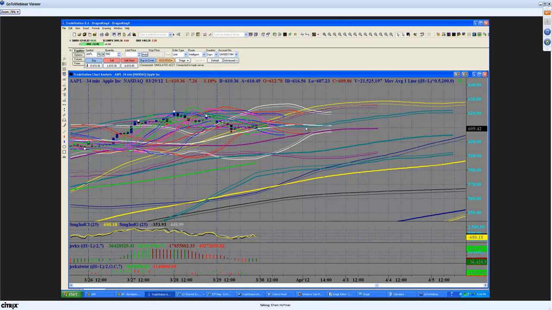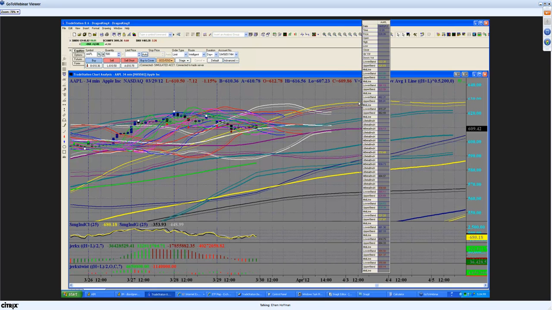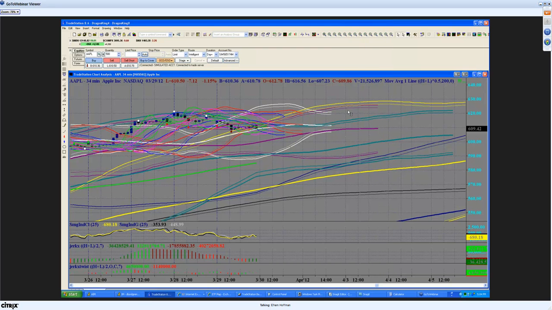So let's say we're anticipating this move in Apple to take place over a 2-month period, and somebody buys the 610 put for, let's say, the May or June put, and then buys the 610 call to complete the straddle, and then sells premium at the 630 area, but instead of going out to May, you may get one that expires every 2 weeks.